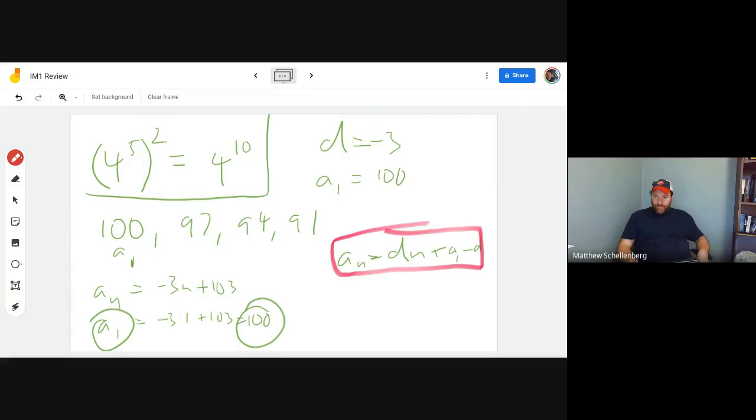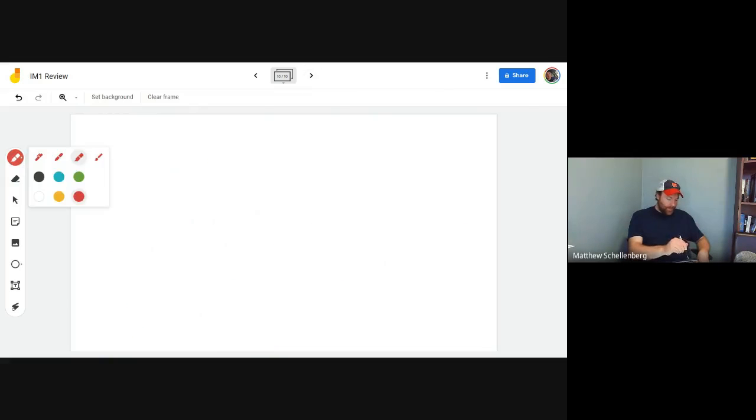Okay, let's go to the next one. Yes, this is a good one. So let's say you have some function, and let's call it f of x. And they tell you that it's 4/3 x minus 5.